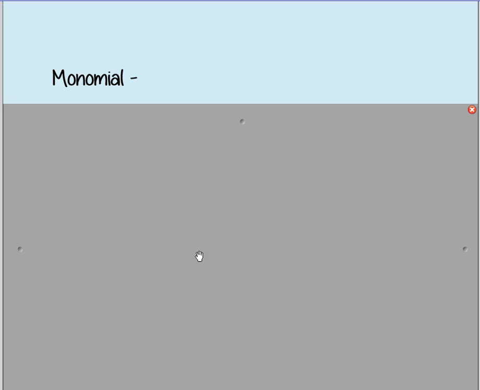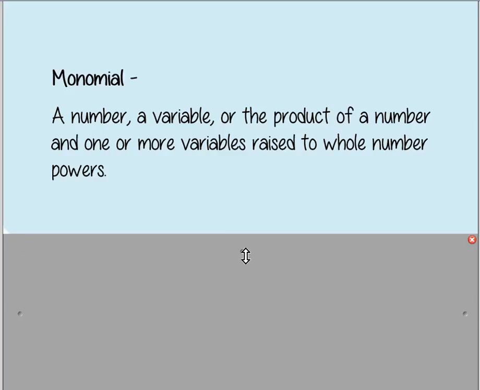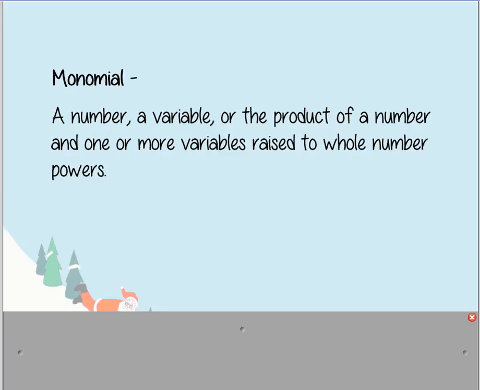The next part of the lesson is how to find the greatest common factor when we're dealing with a monomial. A monomial is a number, a variable, or the product of a number and one or more variables raised to whole number powers. For example, you could have 4 as a monomial. You could have x as a monomial.